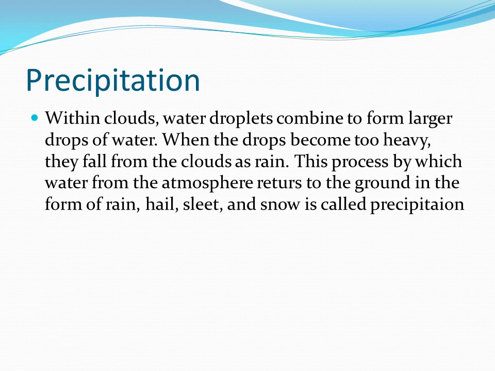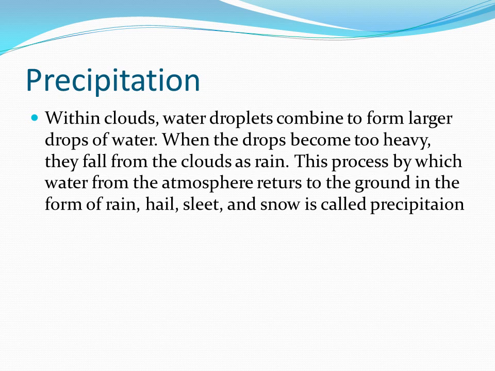And then the next one, precipitation. Within the clouds, what happens? The water droplets combine to form larger drops of water. These droplets combine together to form larger drops. In the clouds, when the water becomes too heavy, what will happen?